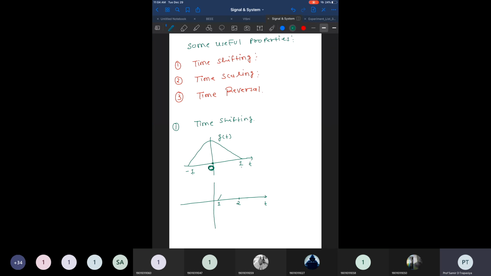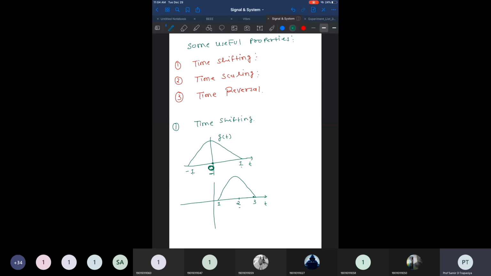This signal is considered a delay. By how much have we delayed it? Initially the middle point was at 0, and now the middle point is 2. So this signal is delayed by an amount of 2. A delay is always represented with a negative sign.